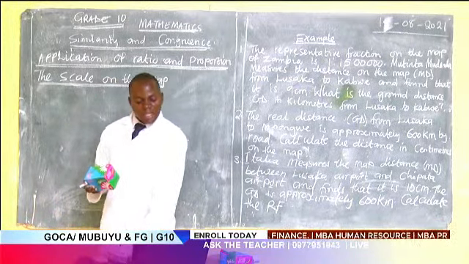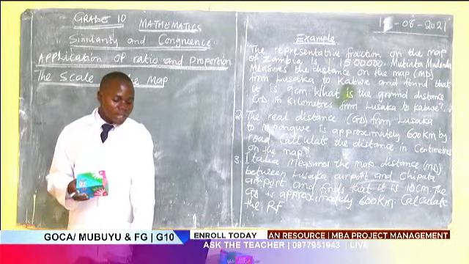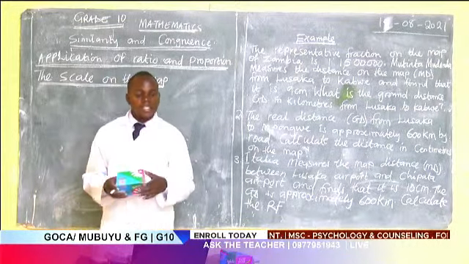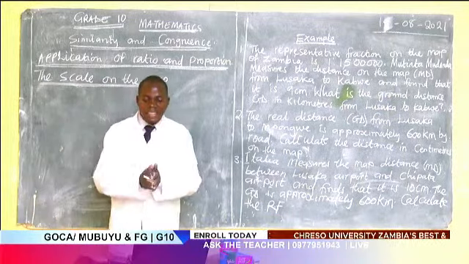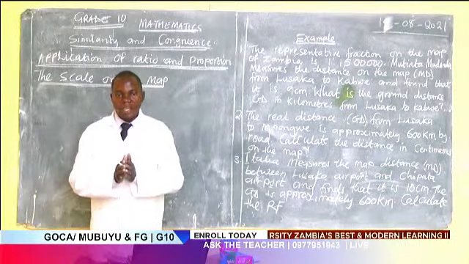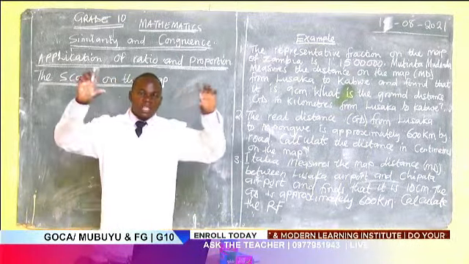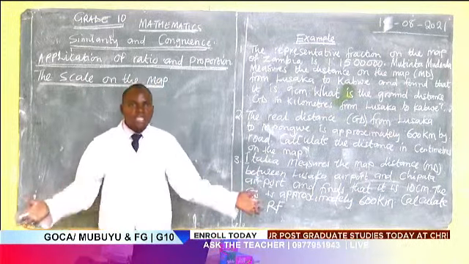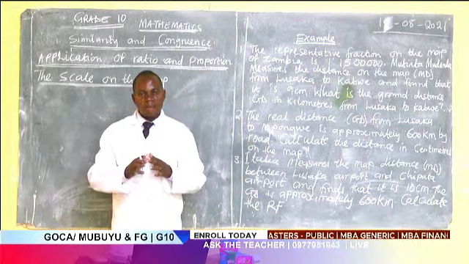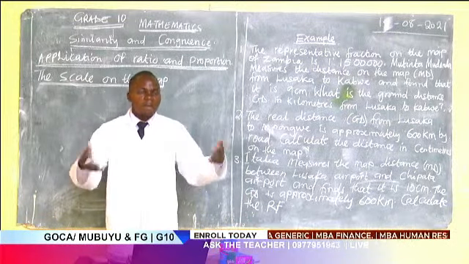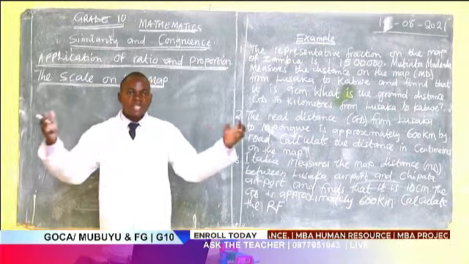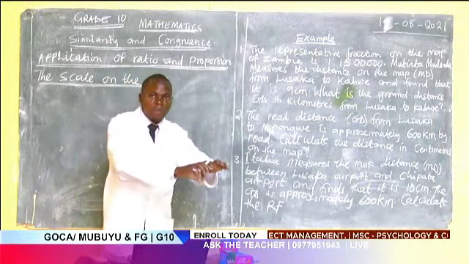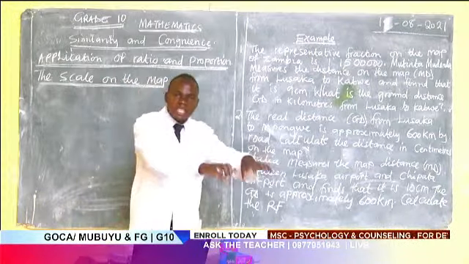For those that are taking geography, even those that did social studies in grade 8, a map represents the ground, okay? Even when you take, for example, a house, you cannot draw the whole big house on a piece of paper. You discover that it won't fit there.